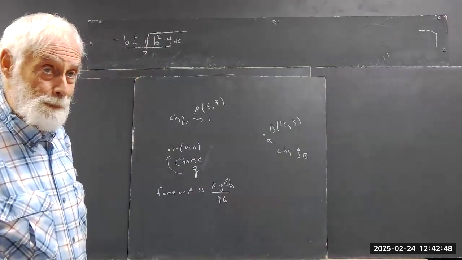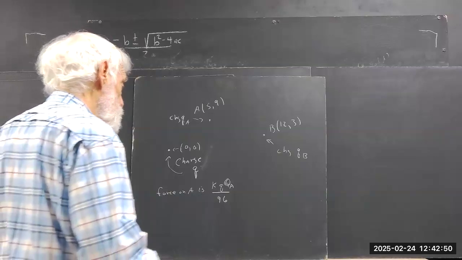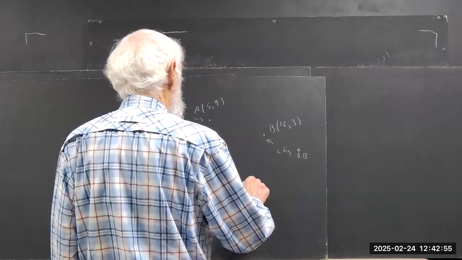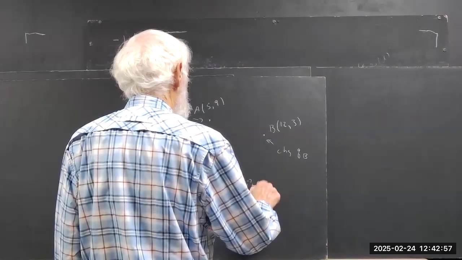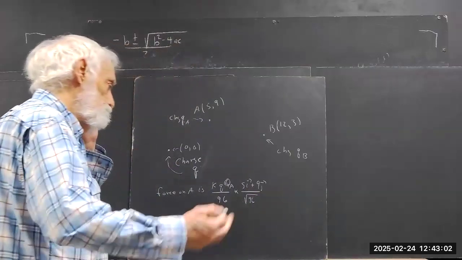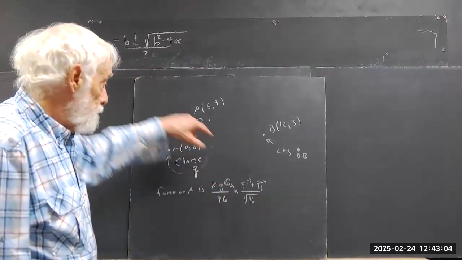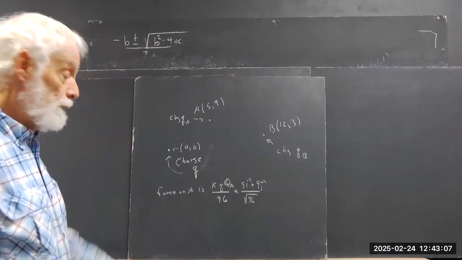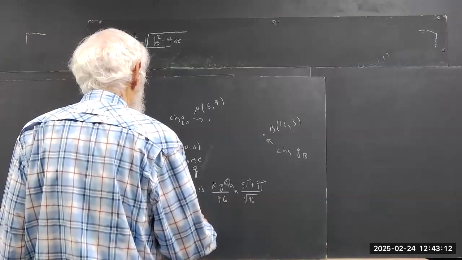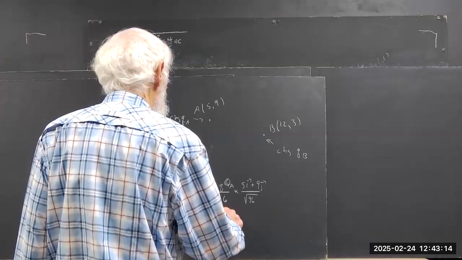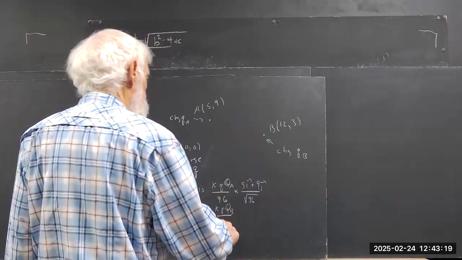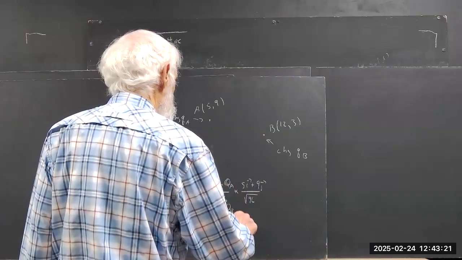The units are, okay? Times a unit vector in this direction. There's a force. Okay. And what we got? 144, 9, 153.